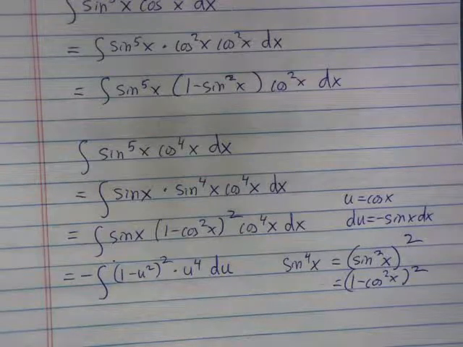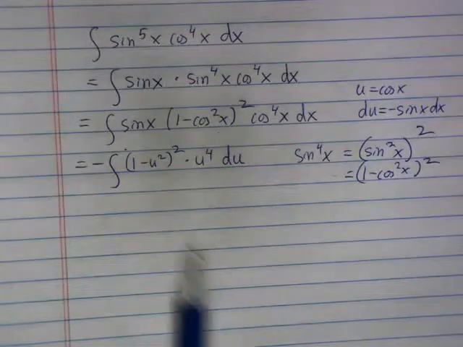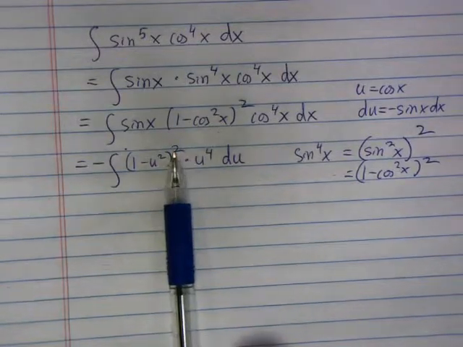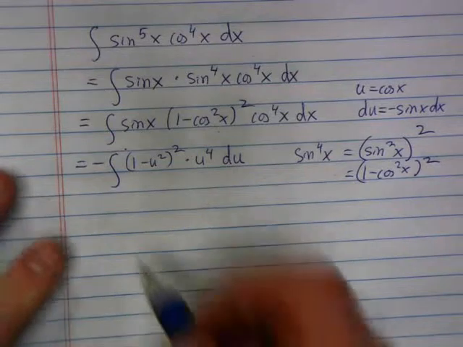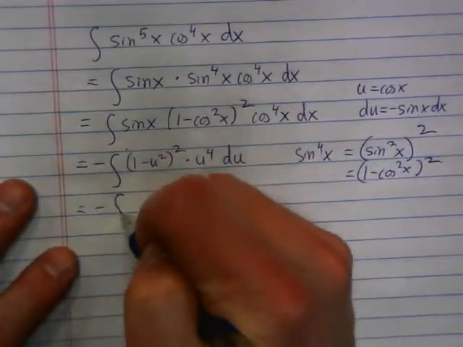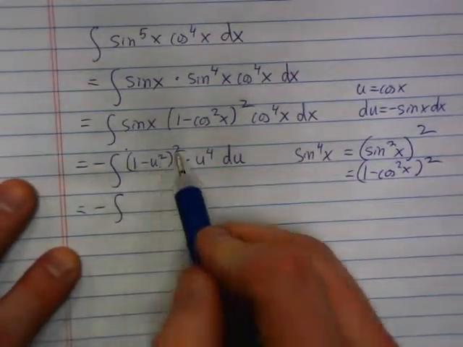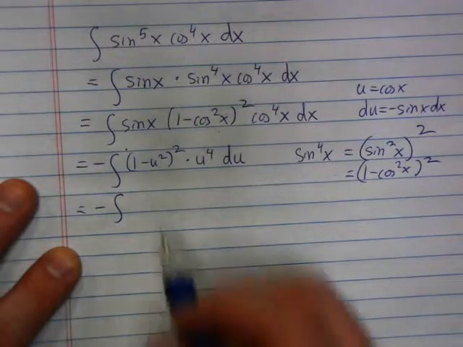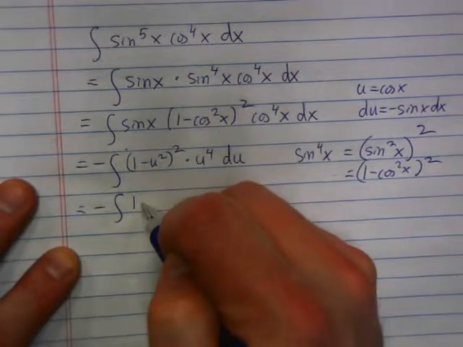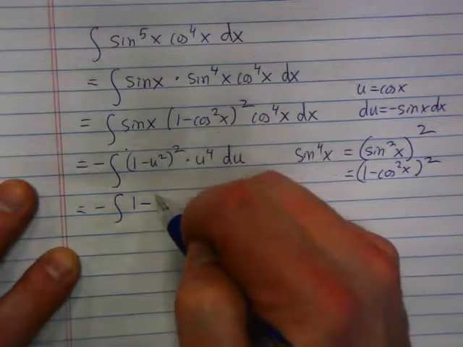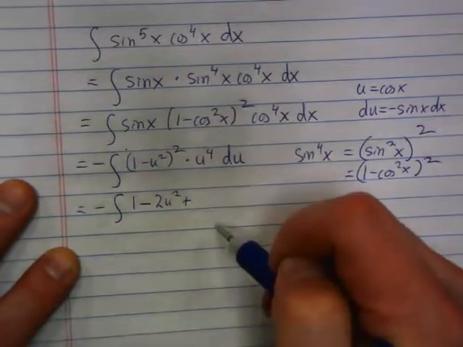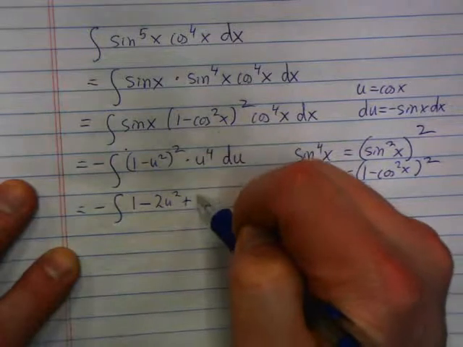Yeah, all I have to do now is expand. So I'm going to take 1 minus u squared squared, I'm going to FOIL it out. I'm going to distribute the u to the fourth through. Nope. How do I take 1 minus u squared and square it? It's 1 minus 2u squared plus u to the fourth.